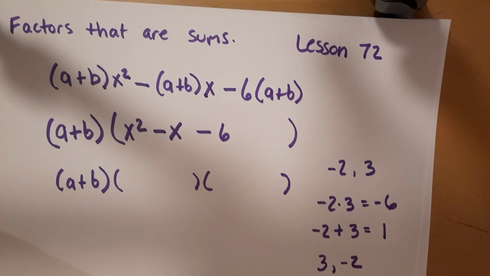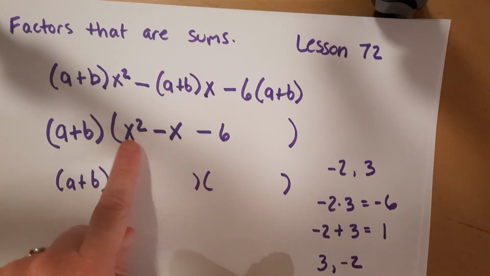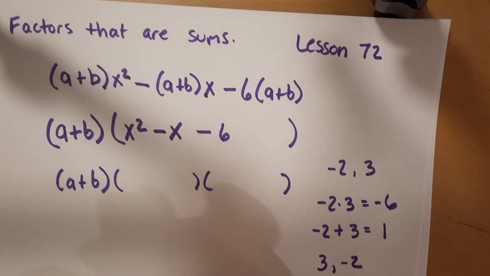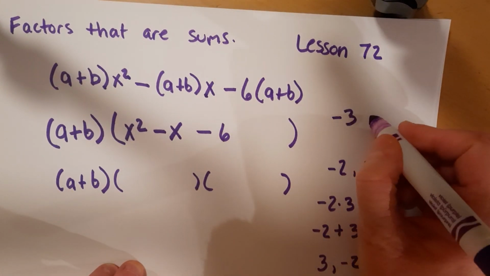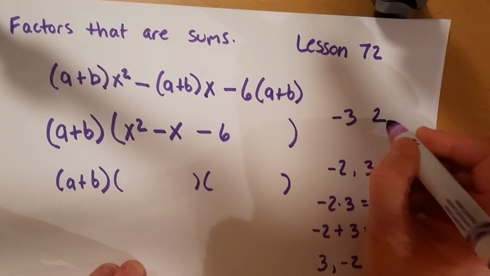So that's what will happen when you work these problems. You just try some of the two factors in here and see if it works. And if it doesn't, then you make adjustments. So 3 times negative 2 equals negative 6, but 3 plus negative 2. I did the exact same thing, didn't I? We want negative 3 and positive 2. Sorry about that, guys.